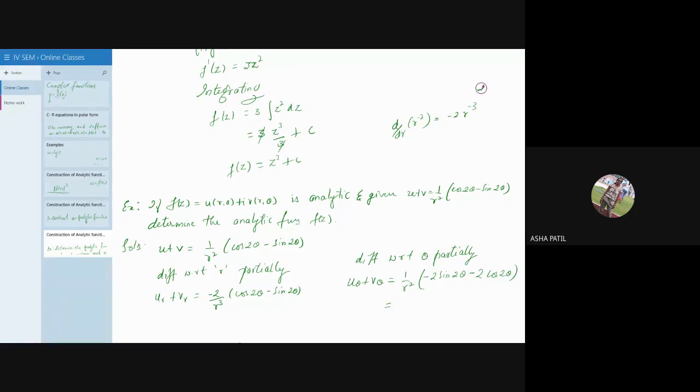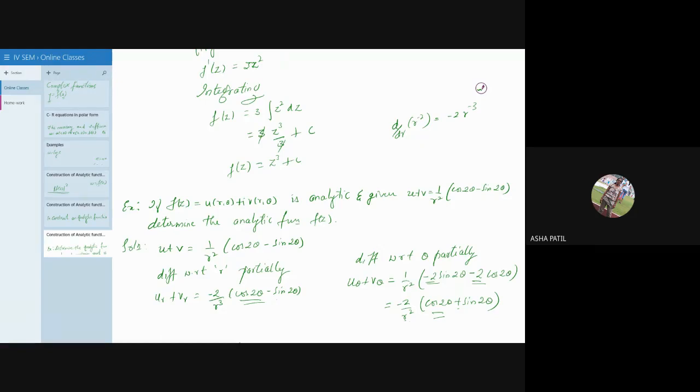What we have is minus 2 by r square into cos 2 theta plus sin 2 theta. Here it is cos 2 theta first, so I have written cos 2 theta first. Minus 2 is taken outside, so we have plus in the middle.